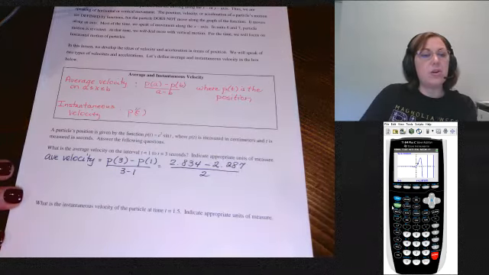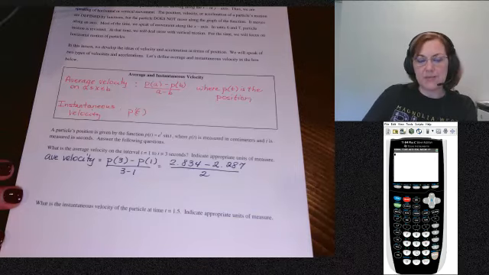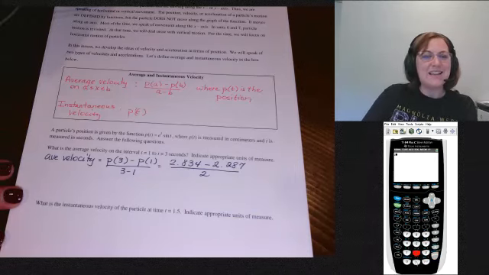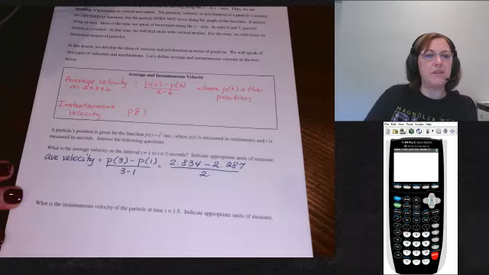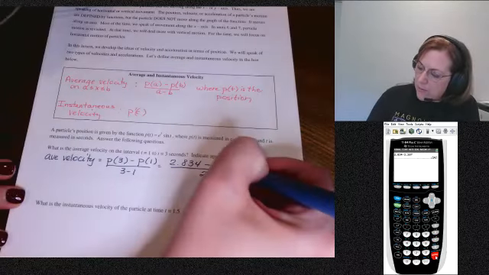Then you can go to your home screen by doing second quit. Let's do the subtraction on these: 2.834 minus 2.287. Well, I don't think I hit the minus, did I? You probably saw it. I didn't catch it. Let me add a minus in here. There it is.